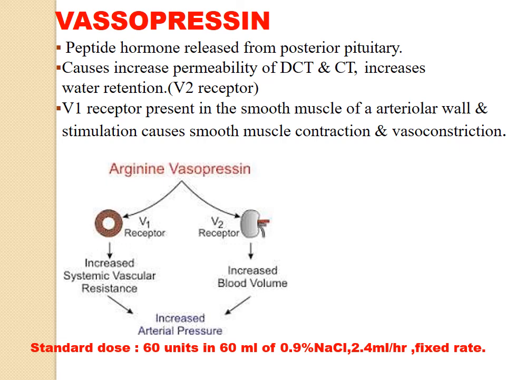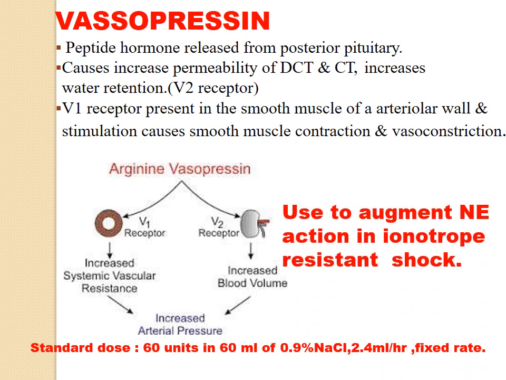So by both of these routes it is responsible for increase in the arterial pressure, and normally it is used to augment the norepinephrine action, in those who are inotrope resistant. In inotrope resistant shock, we use it.